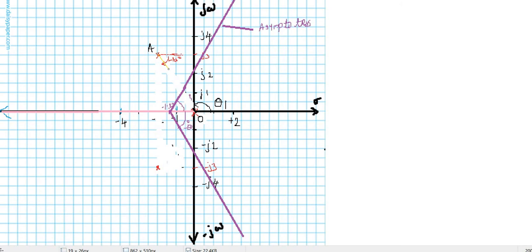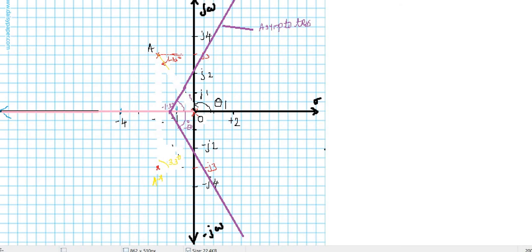Now from the complex pole A complement, mark plus 33 degree. So you can mark from the protractor here in this point, plus 33 degree. This is plus 33 degree.